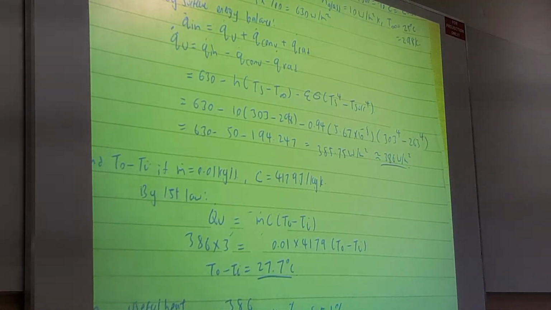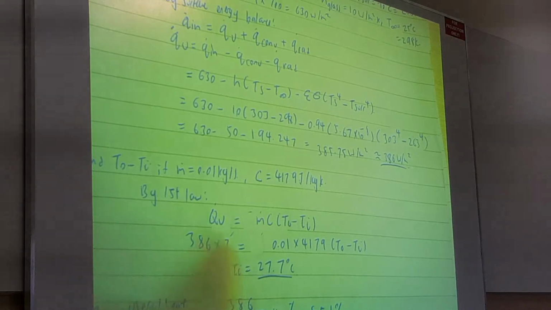Okay. The second part, they ask you to calculate the temperature rise from T0 to Ti, where they give you the flow rate of 0.01 kg per second. Take note that the flow rate is the flow rate of all the tubes. If the flow rate is the flow rate of one tube only, you have to multiply by 3.